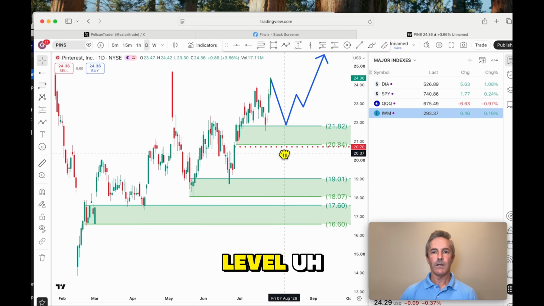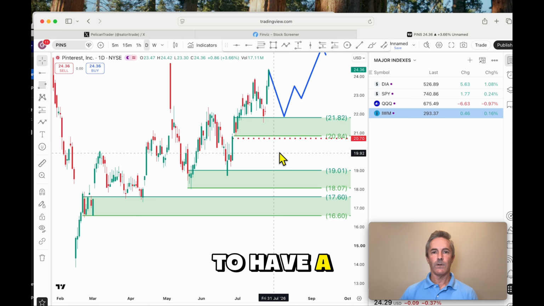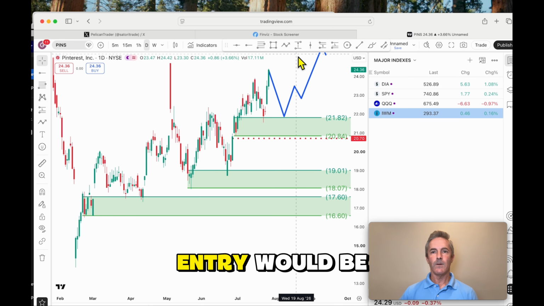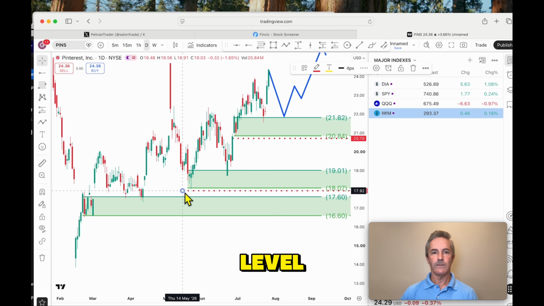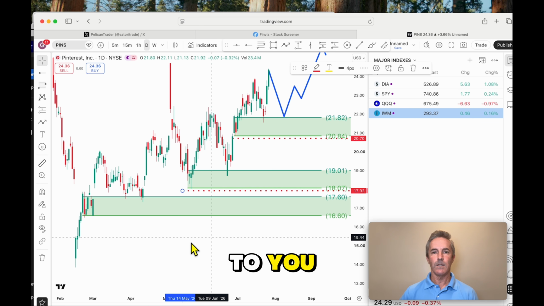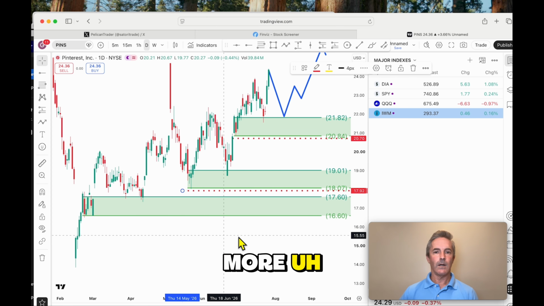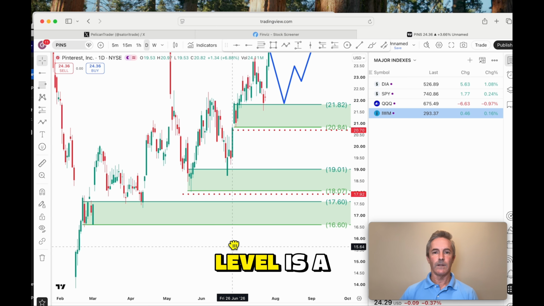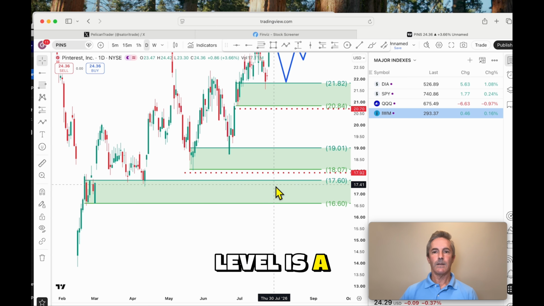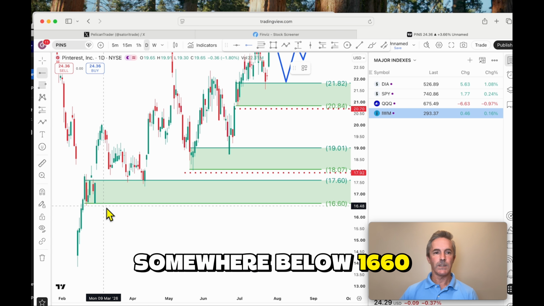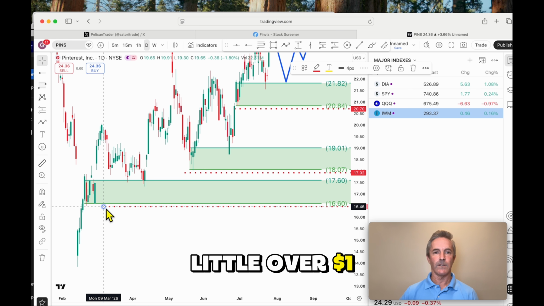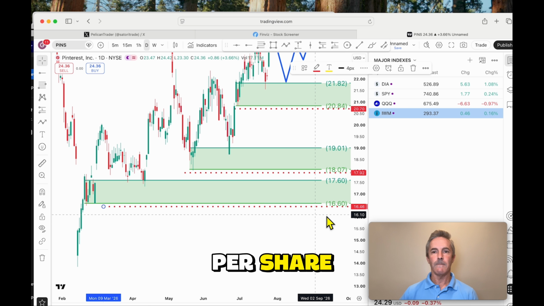The second support level, if you wanted to have a more conservative entry, would be a buy limit order at 1901, protective stop just below that level. Once again, the increment is up to you. And then the most conservative level is a buy limit at 1760, protective stop somewhere below 1660. Once again, only taking a little over a point worth of risk on that particular trade per share.